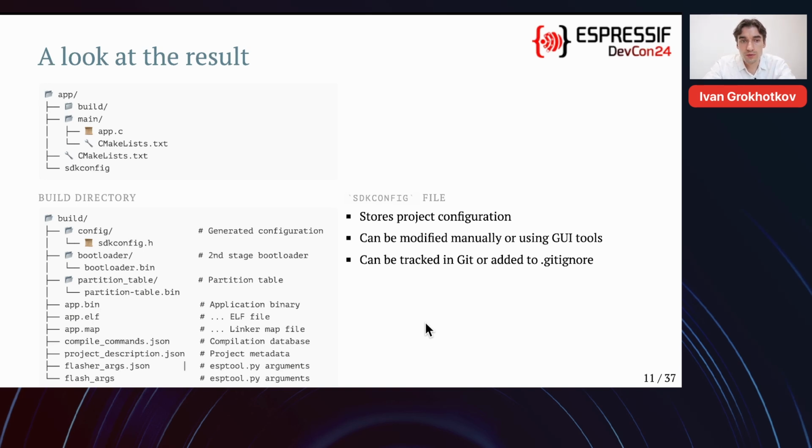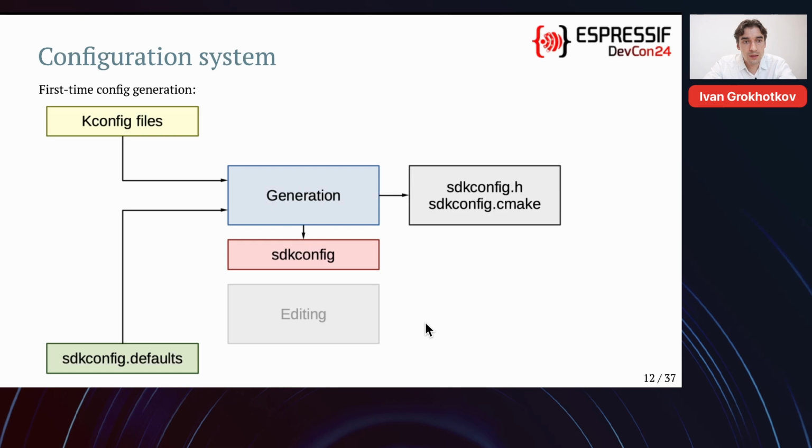Before we move on to talking more about extending our project and adding more features, let's talk about the configuration system. The configuration system is designed to create the two files sdkconfig.h and sdkconfig.cmake, which provide a set of compile-time configuration options which can be used in C code for sdkconfig.h and in CMake for sdkconfig.cmake.